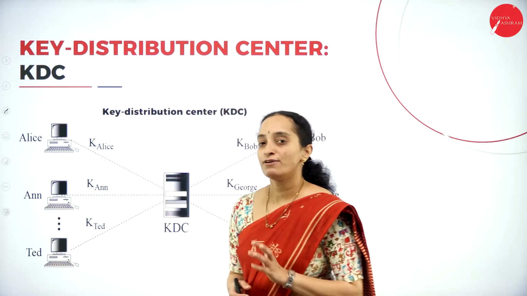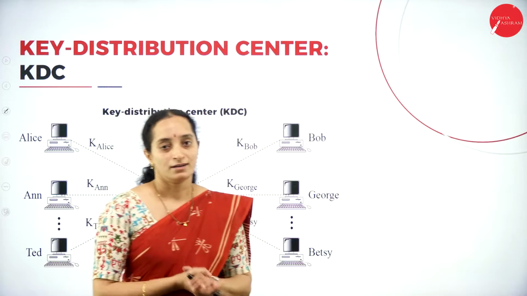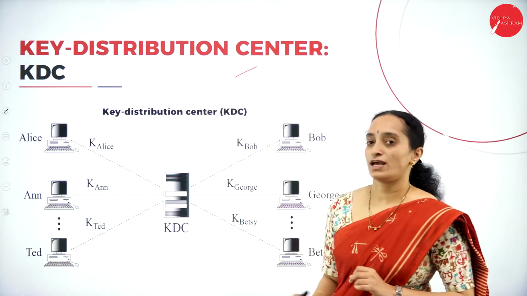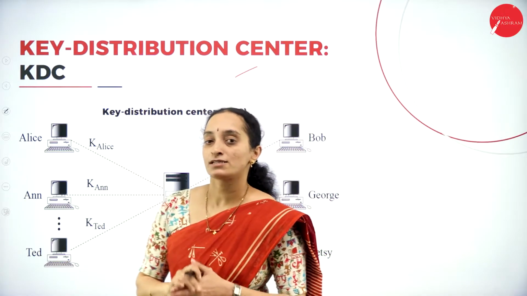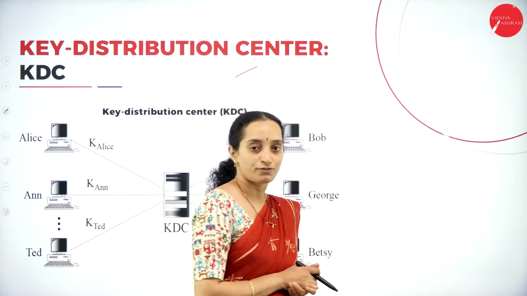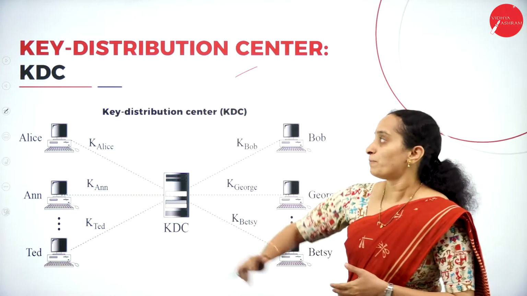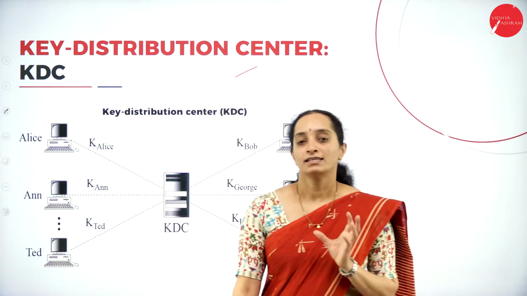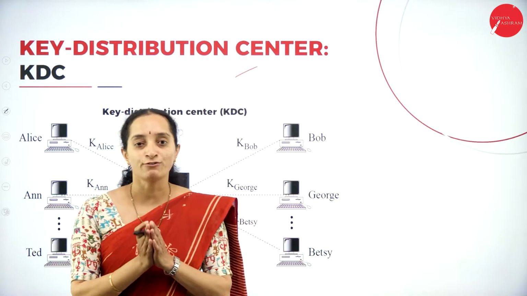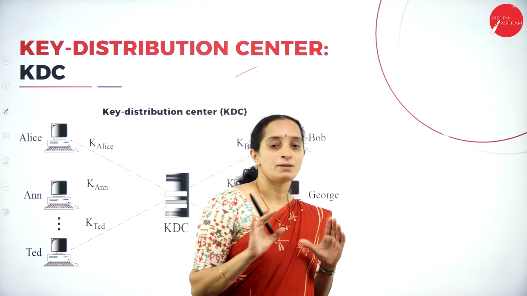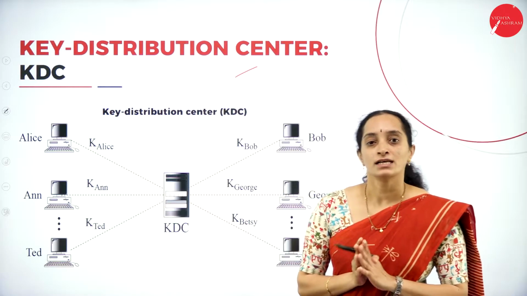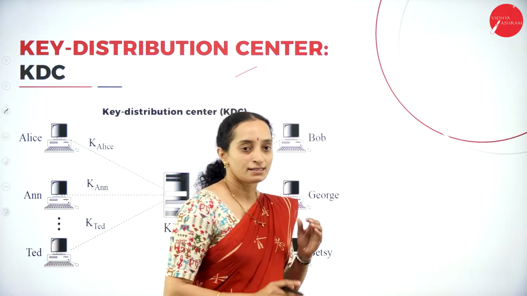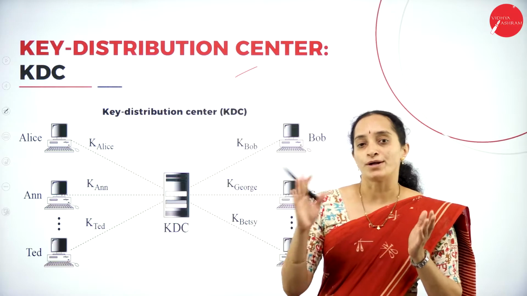For this, we have a special method called the key distribution center. The field of cryptography has proposed the concept of the key distribution center, a special program meant for distributing keys between different senders and receivers. Why is key distribution a problem? The sender is one, so it is a one-to-many relationship.